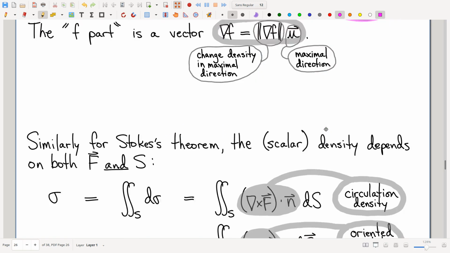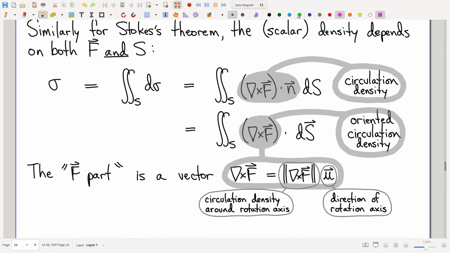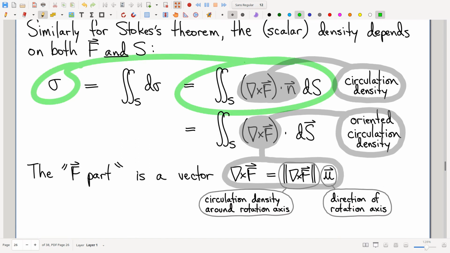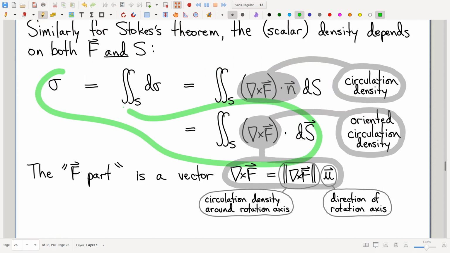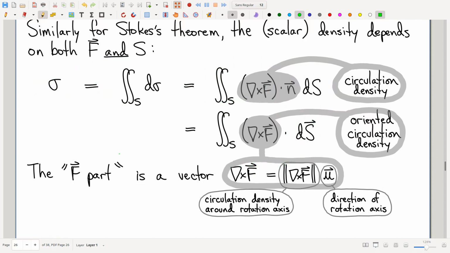So here's the exact same structure of ideas. Here was our initial Stokes' theorem. We rewrote dS as dS vector. We then rewrote Stokes' theorem like that, which reinterprets for us d sigma like this.